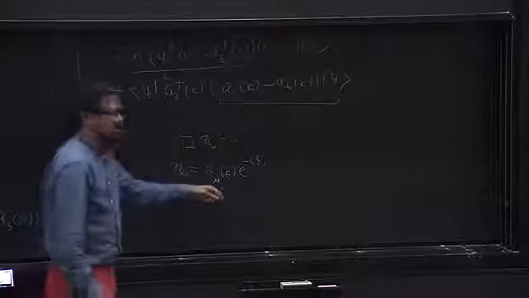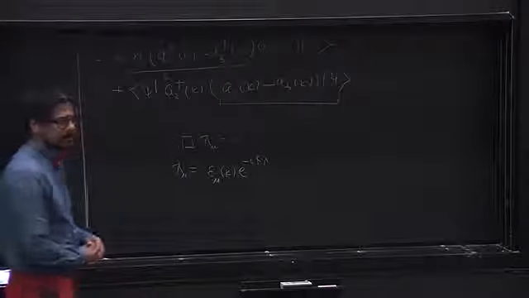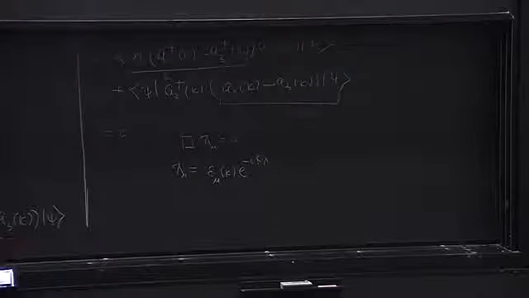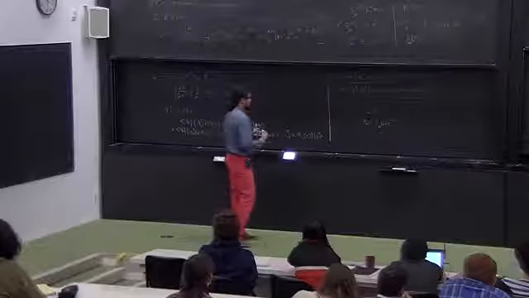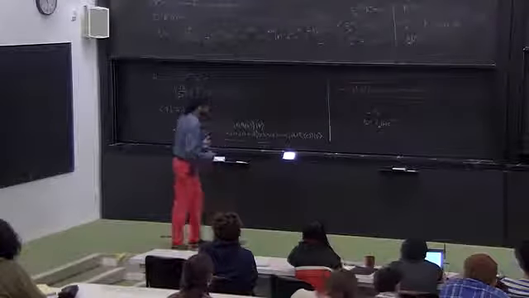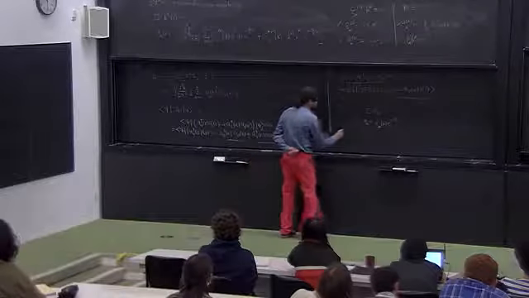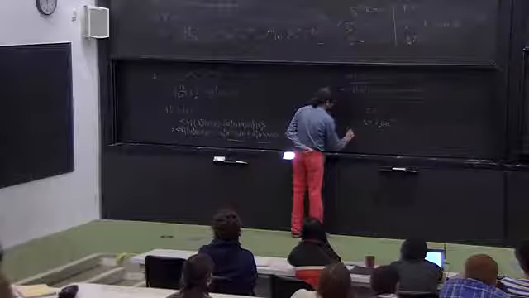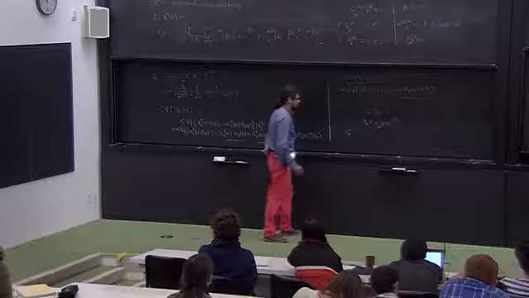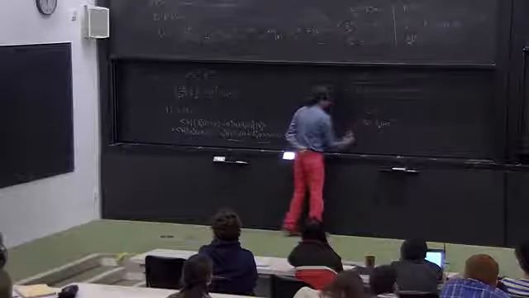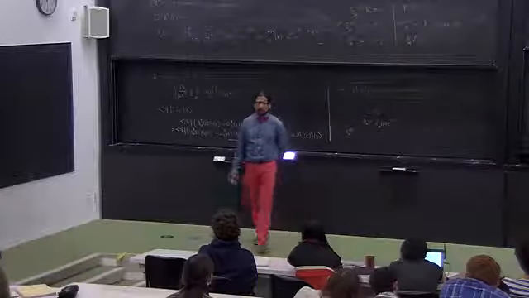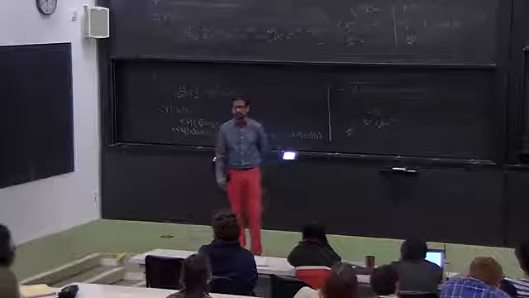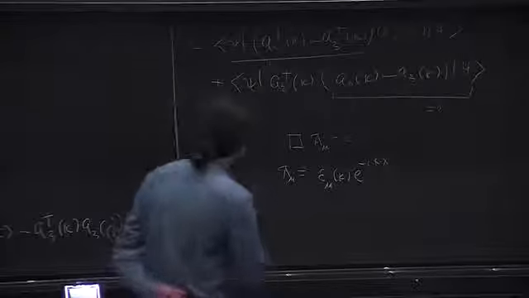So this is a 4 vector, so it has 4 independent components, and we made some choices, but we labeled these 4 independent choices with some label lambda.